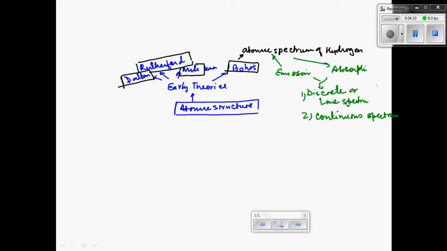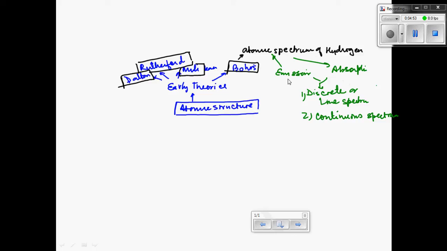When you see the lines as the emitted light, we call it emission spectrum. When you see the lines as the absorbed light, we call it absorption spectrum. In an emission spectrum, you'll see a dark background and some bright lines interspersed. And an absorption spectrum will be bright with some dark bands where the wavelengths have been absorbed.